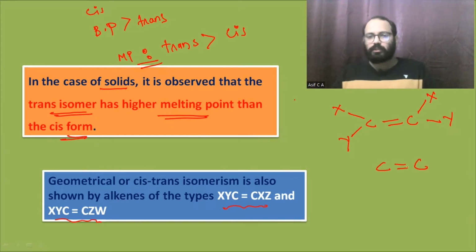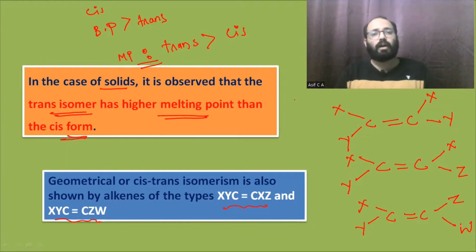C double bond C, X, Y here, and here X, Z. That is also possible. So XY, XZ is also possible. Then another category அவங்க என்ன சொல்றாங்கன்னா, C double bond C, XY, and ZW. So நாலு குரூப்புமே டிஃப்ரெண்டா இருந்தாலும் அந்த geometrical isomerism possible தான்.